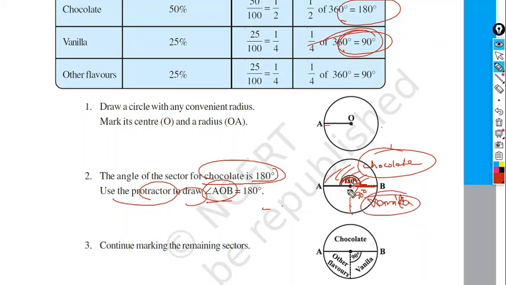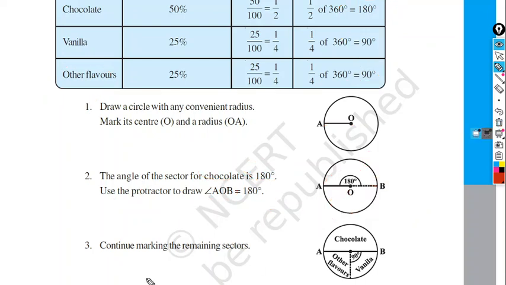Okay, and the rest must be 90 degrees. For your confirmation you can check this angle also, it will be 90 degrees, and it will be of other flavors. Okay, so now your pie chart is complete.